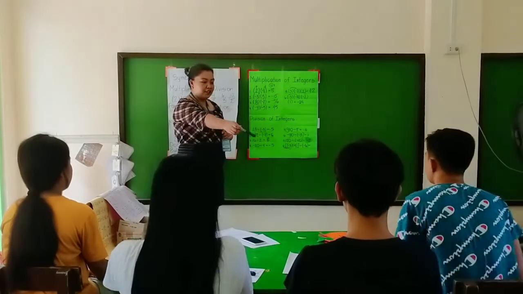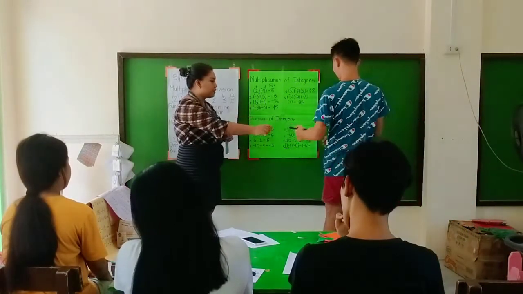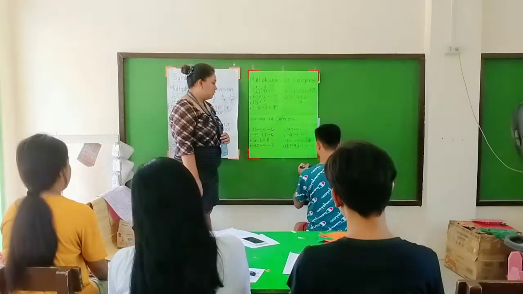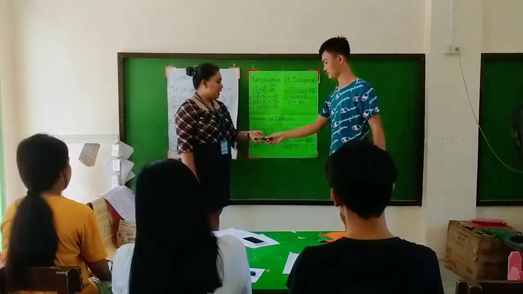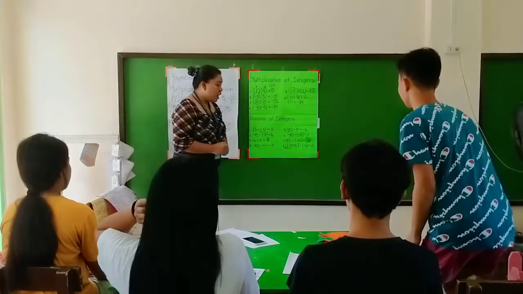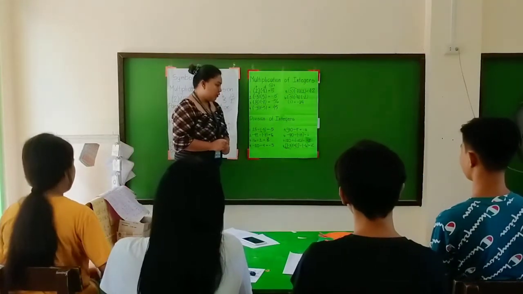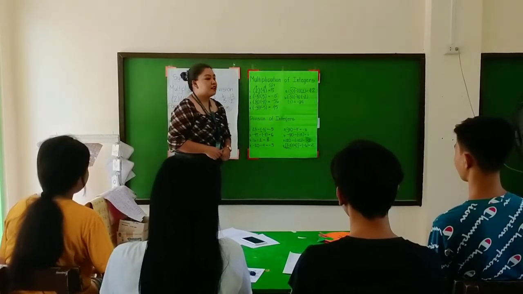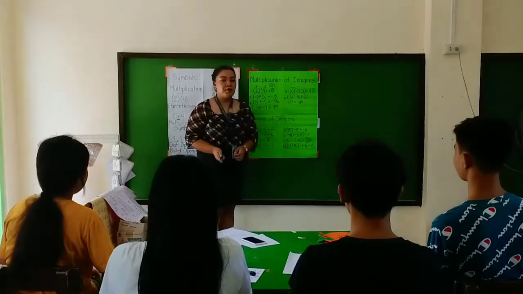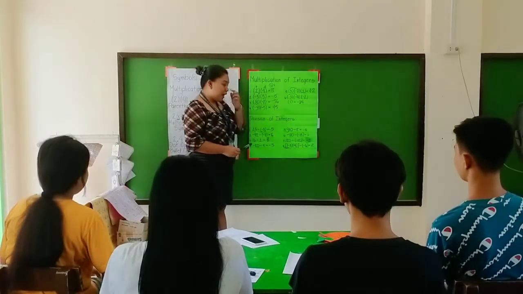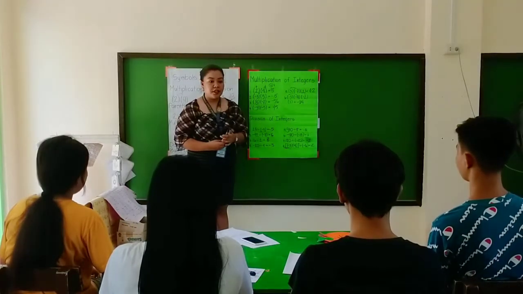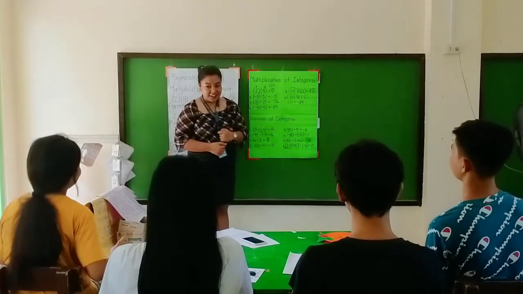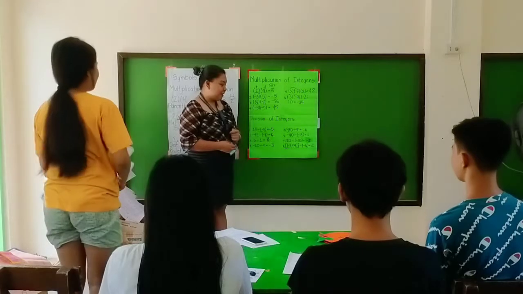Sige, boy, can you please write your answer? Okay, the integer sign you use is positive. Okay, class? Is that correct? Yes, ma'am. So, who can explain why the answer here is correct, which is positive 2? Jirinya. Please, ma'am.